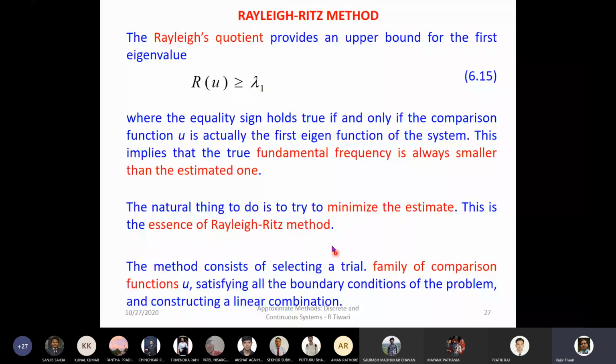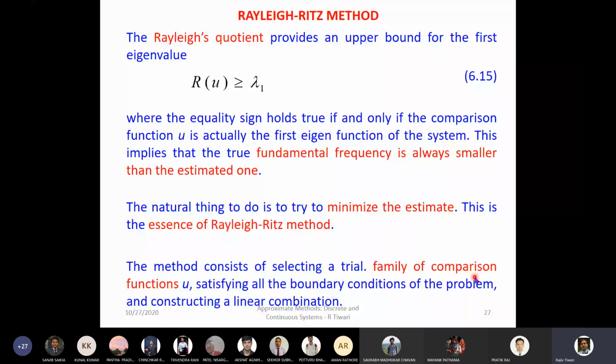So how does it do that? Here we choose a family of comparison functions. In the Rayleigh's quotient, we use a single comparison function, but here we use a family. That means we need to choose different comparison functions which are independent of each other, but they should satisfy the boundary conditions of the problem.